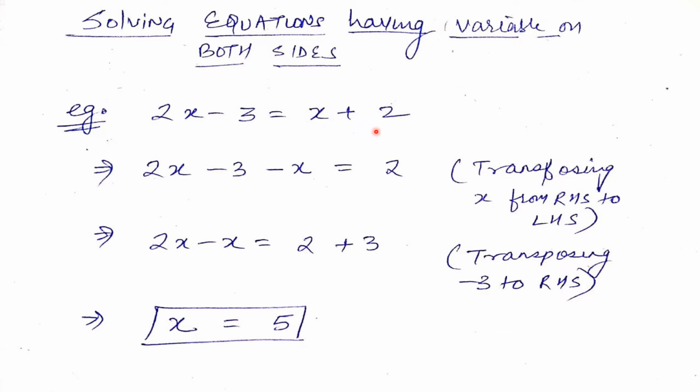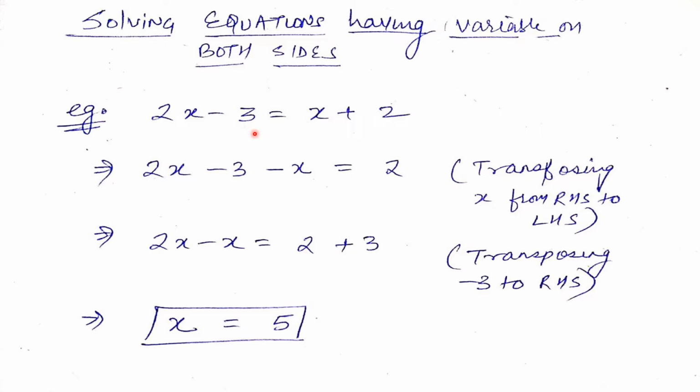It is very easy. First of all, we must think what are like terms, okay? And we will try to bring all like terms on one side. Suppose we can see in this equation there are four terms. First is 2x, second is minus 3, third is x, and fourth is 2. If you notice, this x and this 2x are like terms, so they should be on same side.